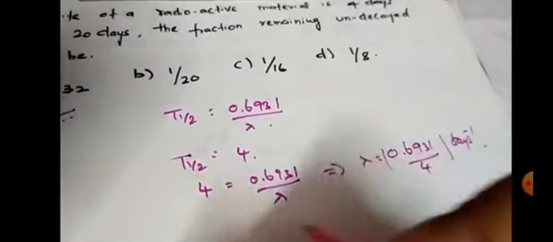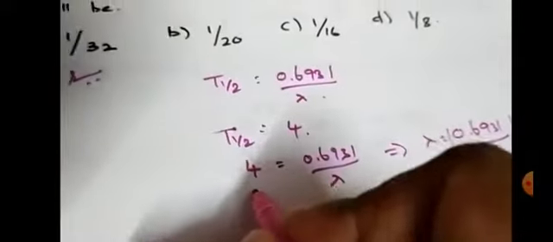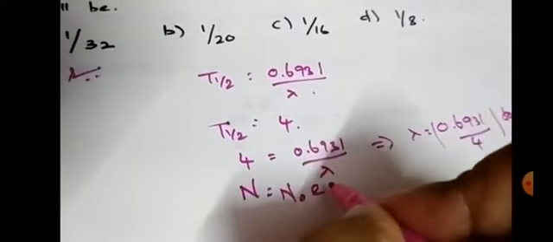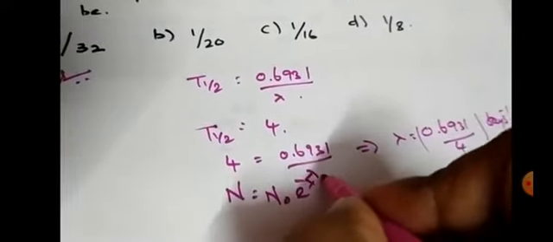We know the formula N is equal to N naught e to the power minus lambda t.